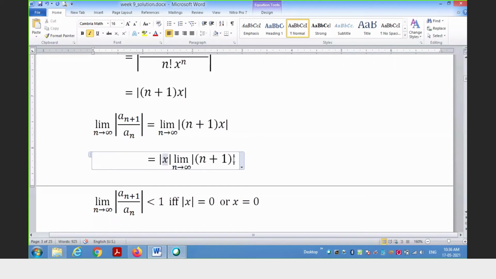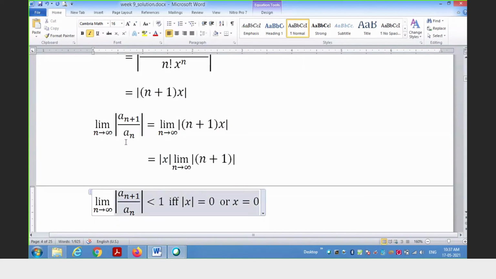If you use the ratio test, the series converges if this limit is less than 1. That is the ratio test.